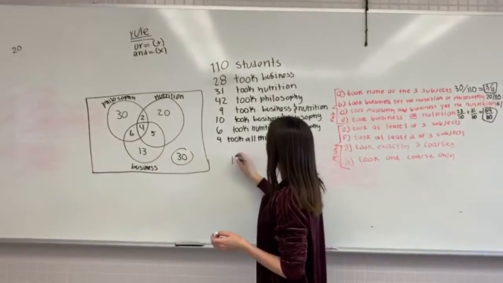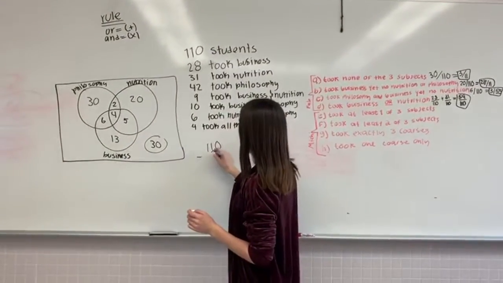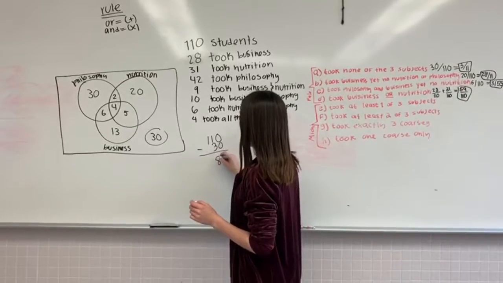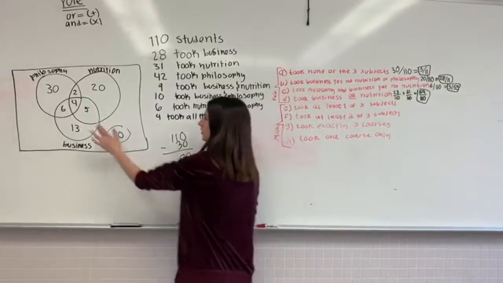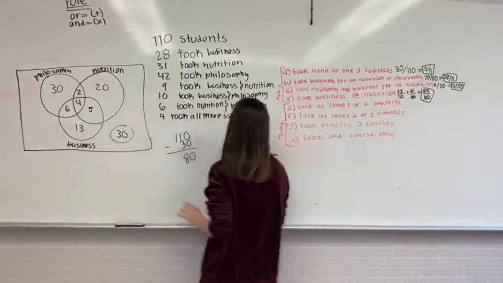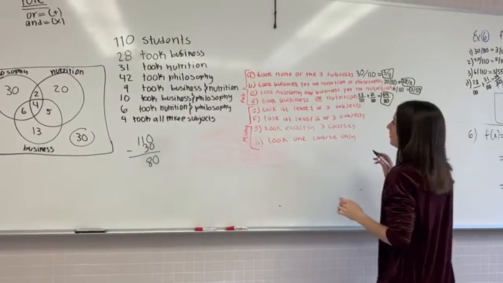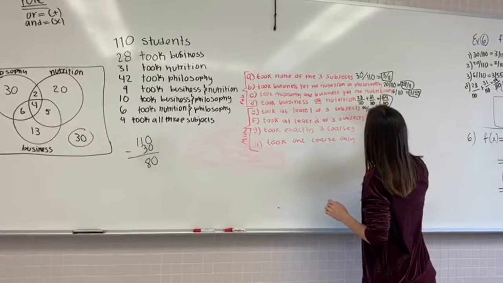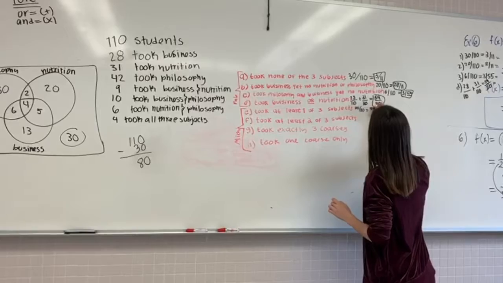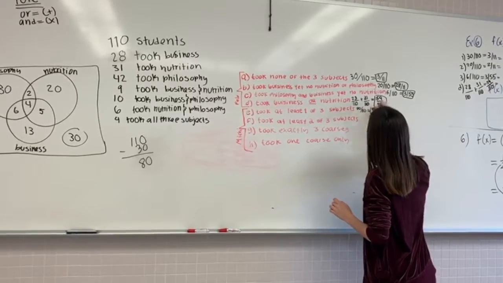So 110 students minus 30 would be 80. So you know that 80 people took at least 1 course. That would give you 80 out of 110 that you can summarize as 8 out of 11.